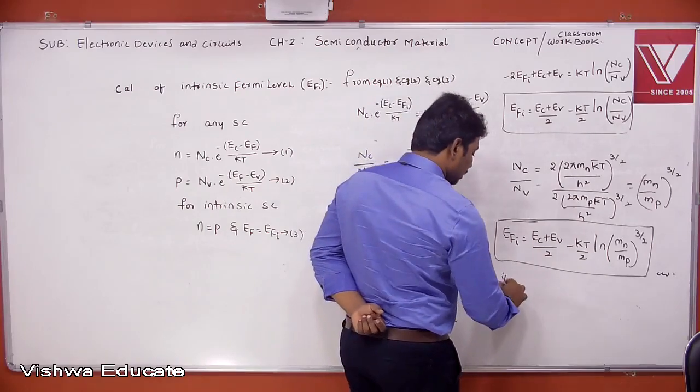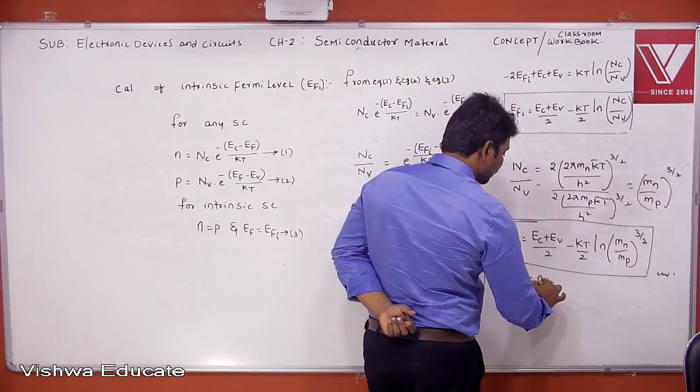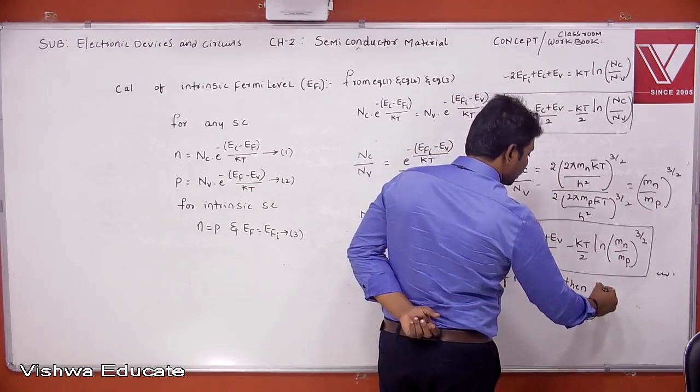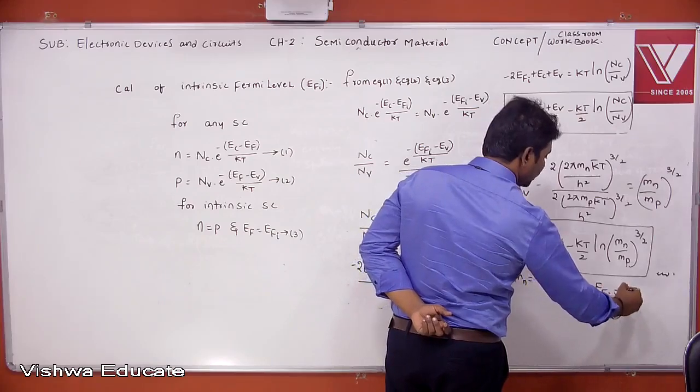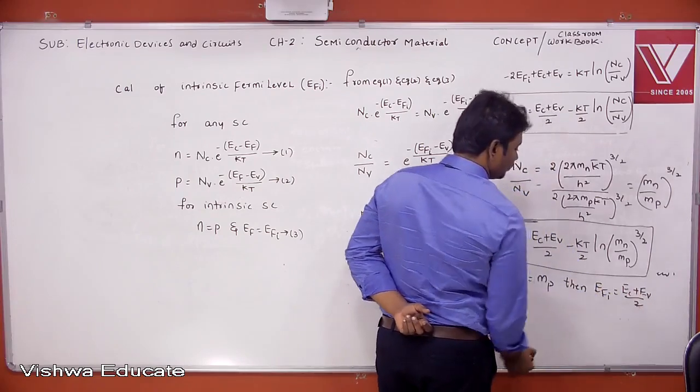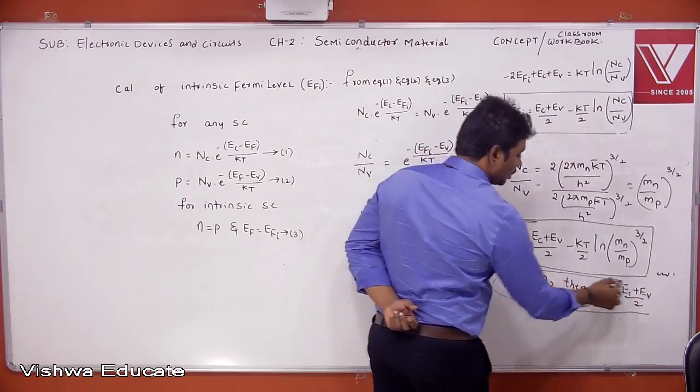For example, if mn equals mp, meaning the effective mass of electron equals the effective mass of hole, then EFI equals (Ec plus Ev) by 2. What is the conclusion here?